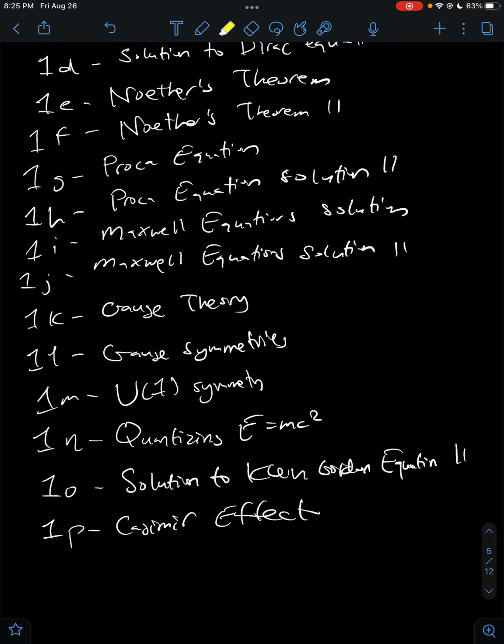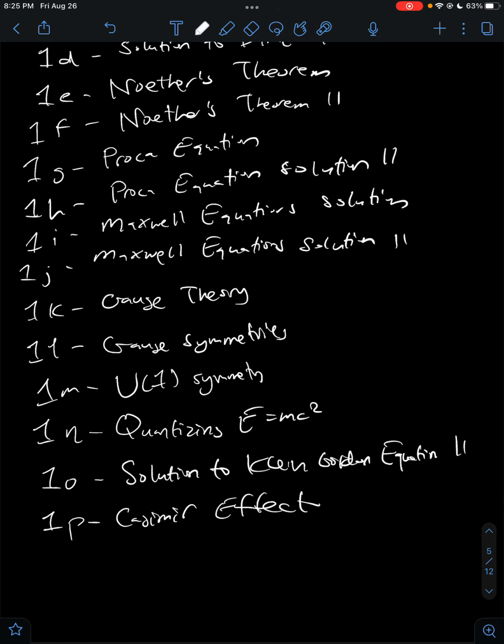Then we did the solution to the Klein-Gordon equation part 2. We derived a more practical form of the Klein-Gordon solution that I referenced without actually explaining it. So I was like, okay, let me just make a whole video about the new form that we've been using, because the new form was an integral over just 3 of the 4 momentum components, so the integral over 3-momentum, and we had a 2 pi cubed, and the square root of 2 omega k.